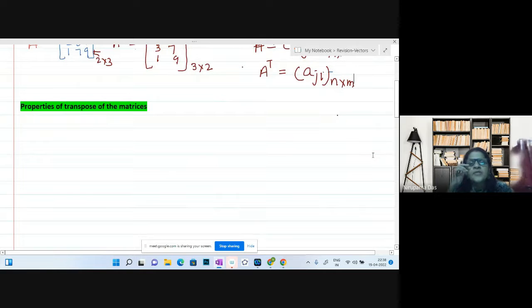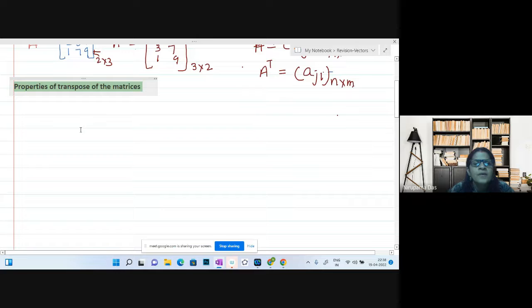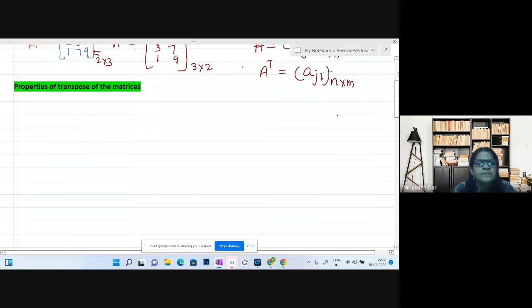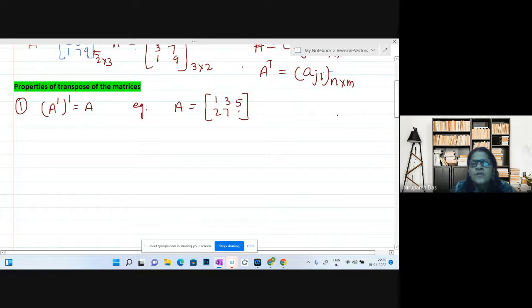Now what are the properties of the transpose of the matrices? So first property we can start with: whenever we take transpose of A transpose, that is equal to A. So for example, if I write here any matrix A, 1, 3, 5, 2, 7, 9.